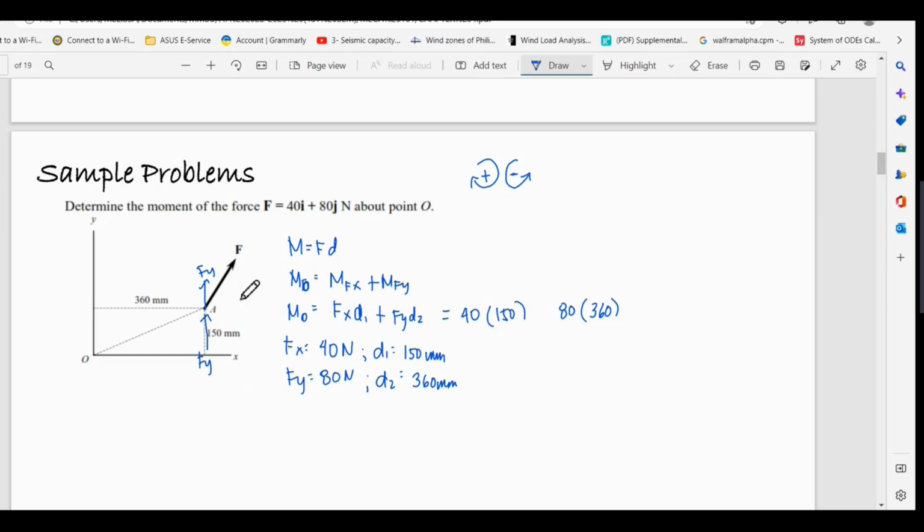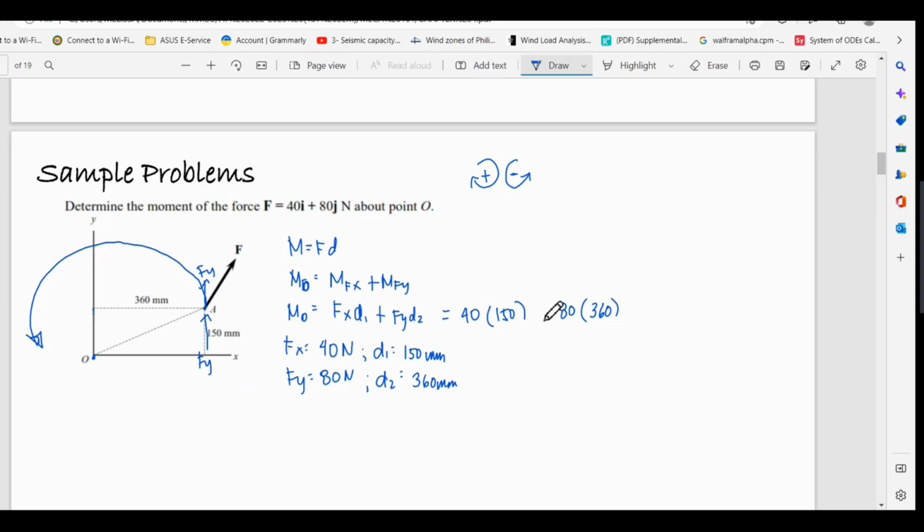So, anong mangyari sa 360 mm? It will tend to rotate in a counterclockwise direction. So, ikot ngayon yung ating 360 millimeters. And yung magiging center niya is, of course, our point O. Okay? Kasi perpendicular distance. Yung ating 360 millimeter will now rotate in a counterclockwise motion.